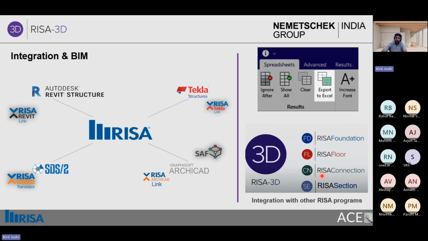For example, you can optimize the gravity system in the floor and the lateral system in RISA 3D, then carry out the connection design in RISA Connection, and the foundation system is taken care of in RISA Foundation, and the complete information flow is seamless from one software to another.